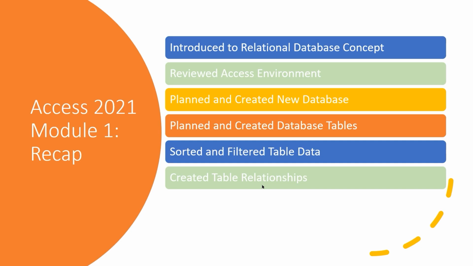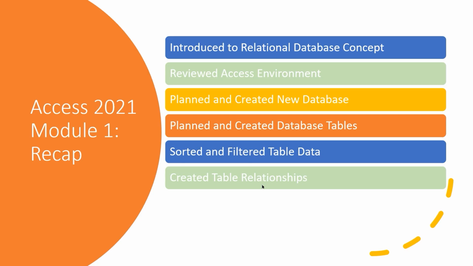After that, we talked about how to plan and set up your database tables, and then we created database tables manually and also by importing them from an Excel file that was in the video description. After we did all of that, we populated our tables.